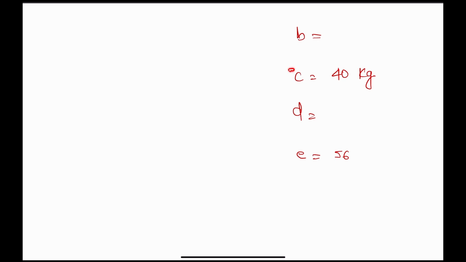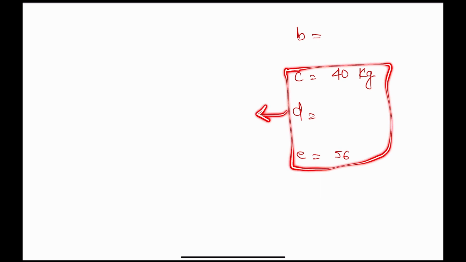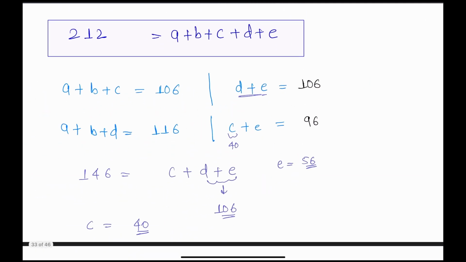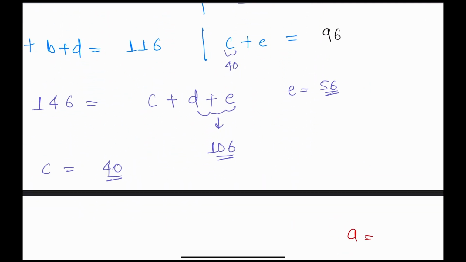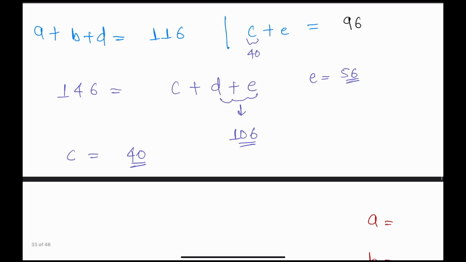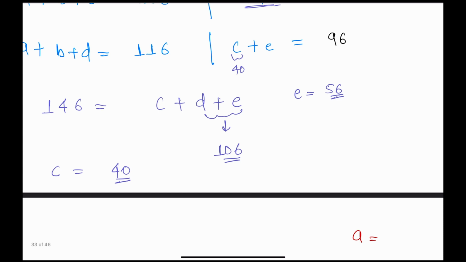So just watch here, it's easy. These three sums we have already known, na, c d e and c d e. So now we know e is 56, and c is now 40.